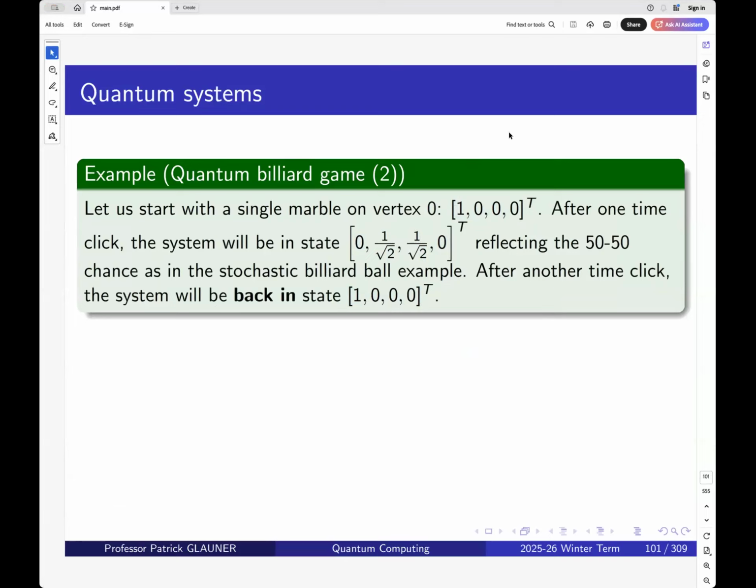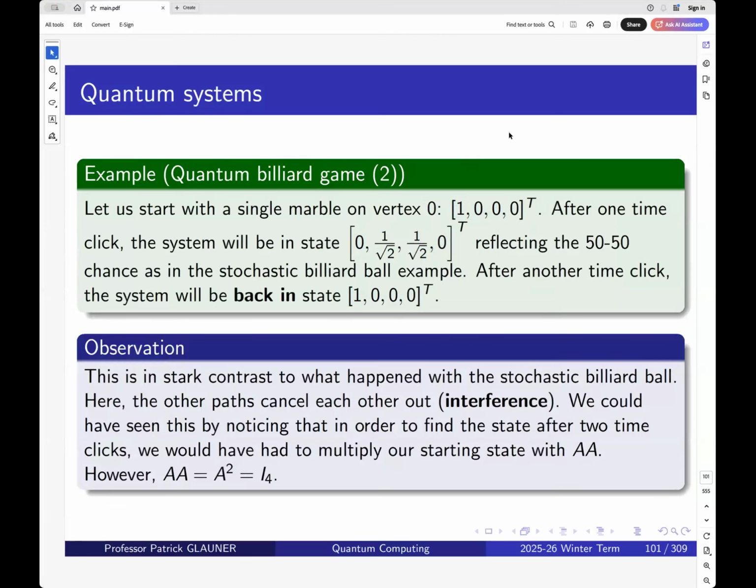And that's something we weren't able to do with the probabilistic ones because we only add up probabilities. We cannot just do interference to cancel out probabilities. But here it works because of the complex numbers. So they cancel each other out. And something you would actually find out that is quite interesting, you can multiply a with itself.